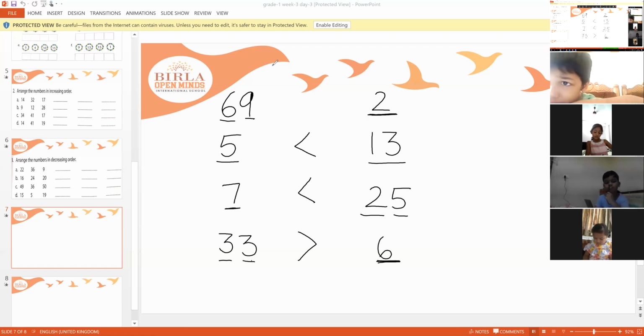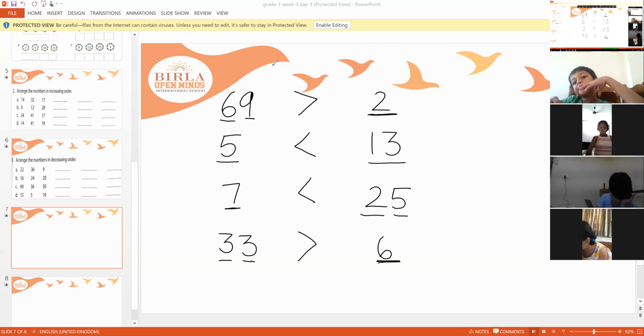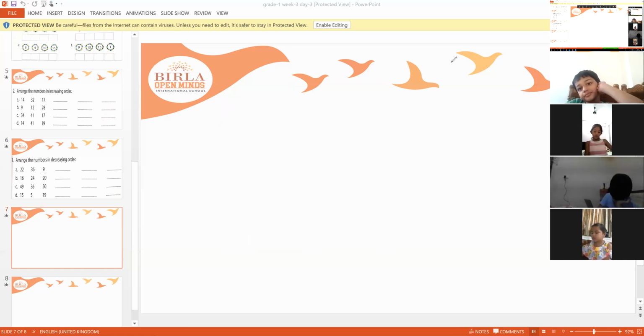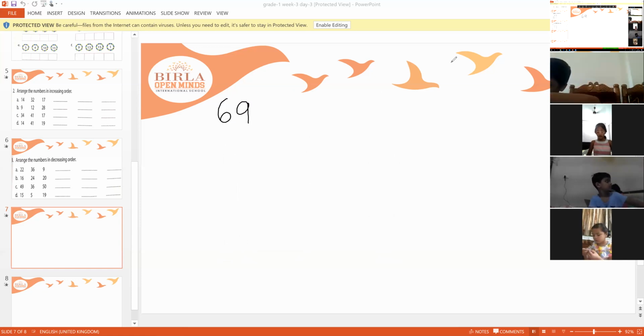So here 69 is greater than 2, or we can say that 2 is smaller than 69. Okay children, so just remember this thing, that a one digit number is always smaller than the two digit number, right?